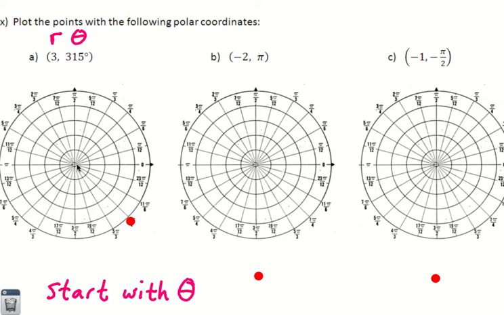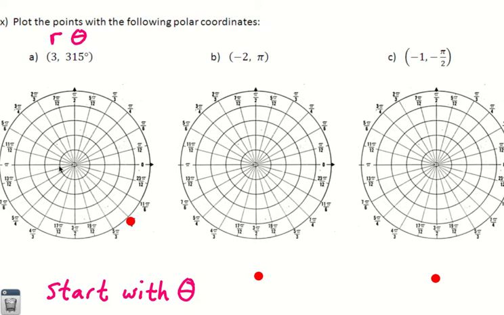And all of these straight lines are to help us plot the angle, and all of these circles are there to help us plot the radius, because this circle would represent the radius of 1, like you go out 1 from the origin.